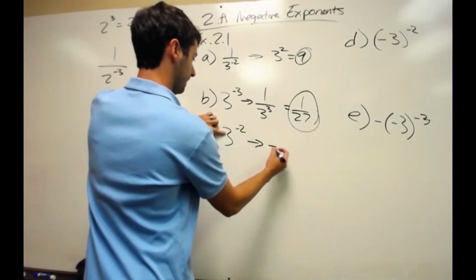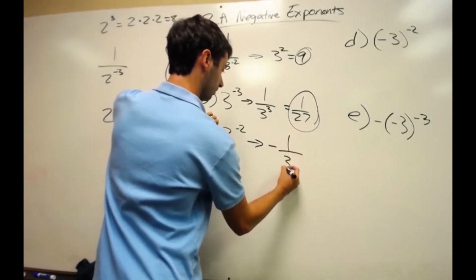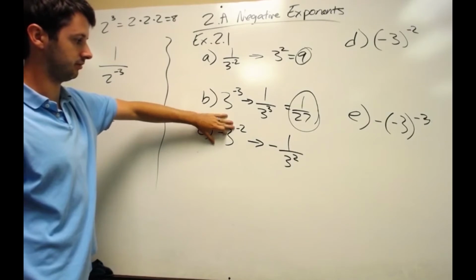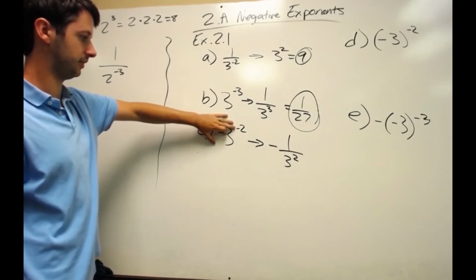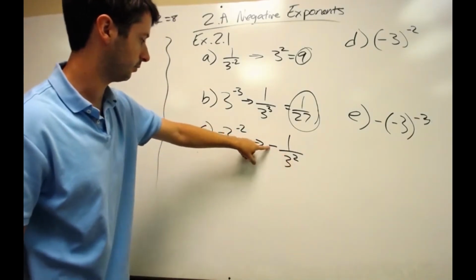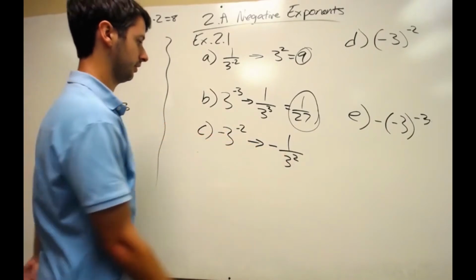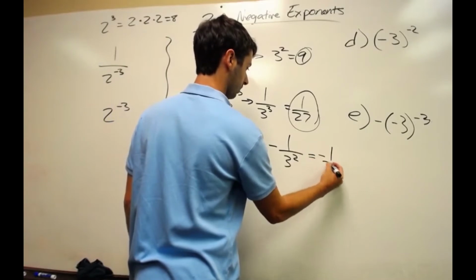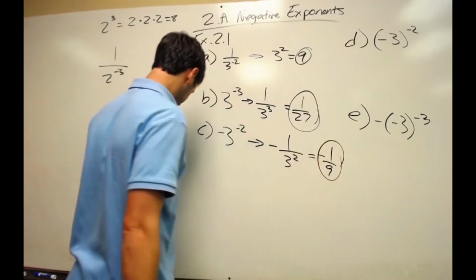Now it becomes negative 1 over 3 squared. So the negative squared became positive. We moved the negative symbol. So 3 squared is 9, so we get negative 1 over 9.